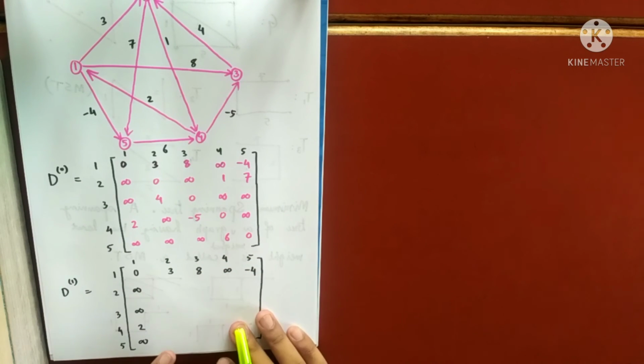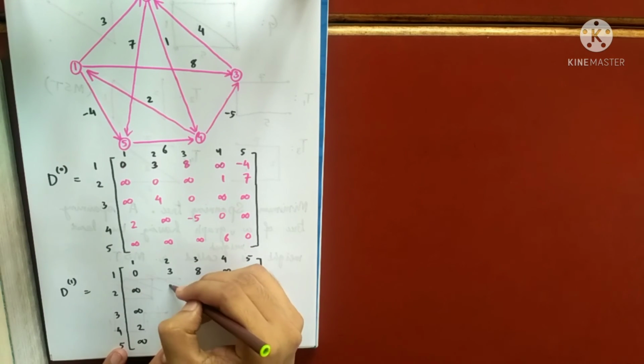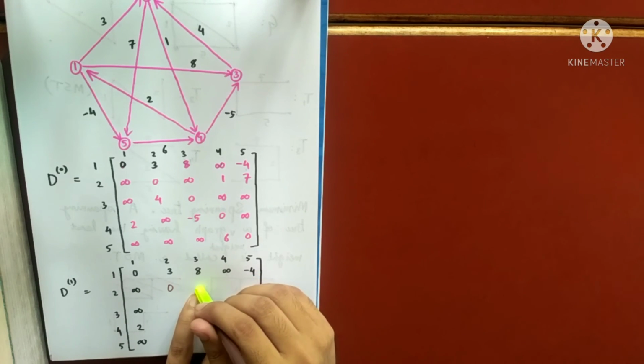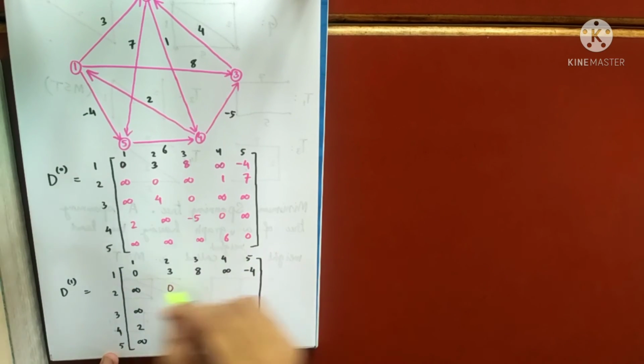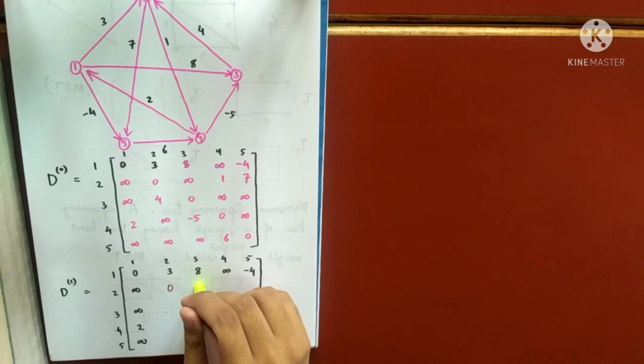So as already said, 2 to 2 will be 0, no problem. 2 to 3. So now I have infinity, because you just have to look at this row and this column. So this is always infinity due to this fact, right? This is always infinity due to this fact.